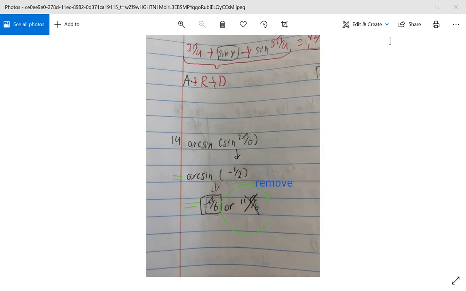So I'm going to show you how I would show the work.